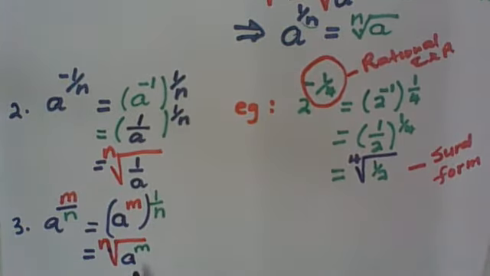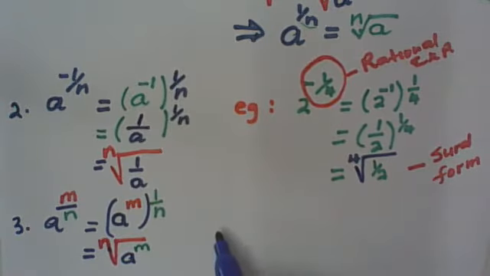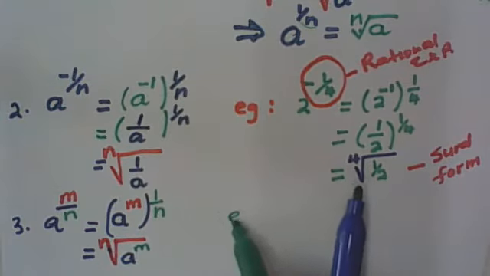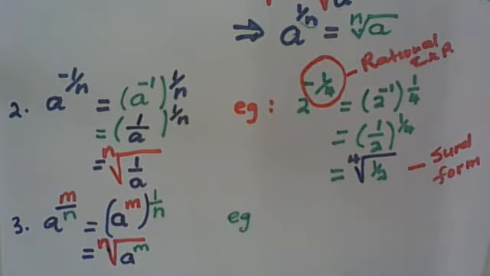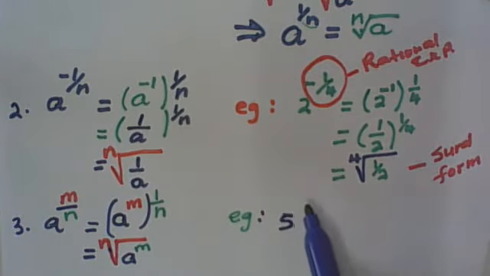So this is it. Let's make an example thereof, e.g., suppose we have 5 to the power 3 over 4.